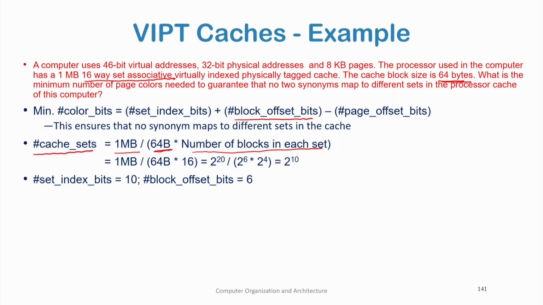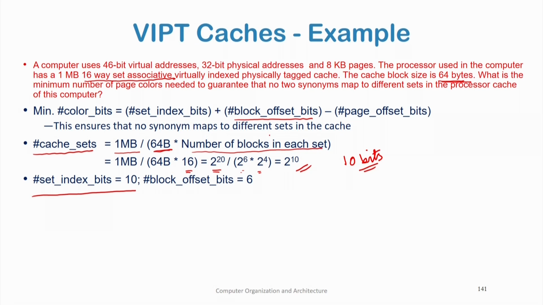So, the number of blocks in each set is 16, and therefore, 1 MB is 2 to the power 20, 64 is 2 to the power 6, and 2 to the power 4 is the number of blocks in each set, and therefore, the number of sets in the cache is 2 to the power 10. So, therefore, I require 10 bits for set index bits. So, set index bits is 10.